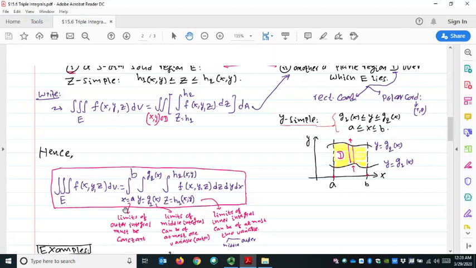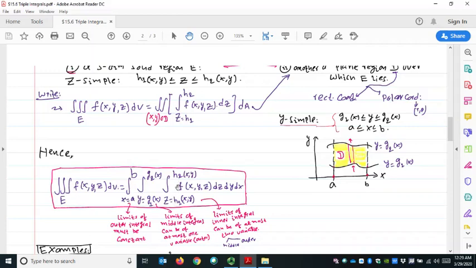So one more time, the triple integral of f of x, y, z with respect to volume element dV over E equals the triple integral of f of x, y, z in dz, dy, dx order. The inner integral is the z integral, then the middle integral is the y integral, and then the outer integral is the x integral.